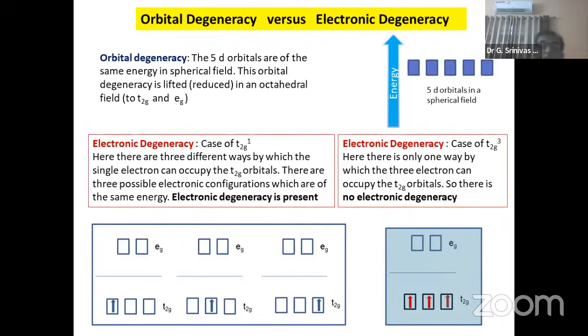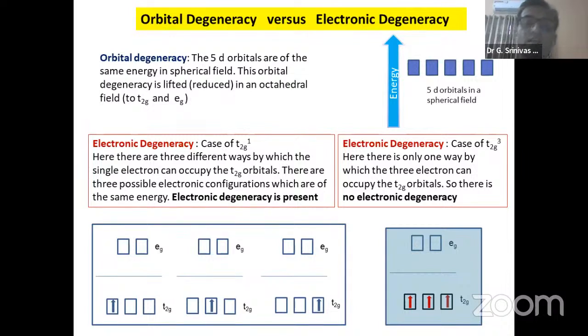If you take orbital degeneracy versus electronic degeneracy. Orbital degeneracy means the 5 d orbitals are of the same energy in a spherical field. This orbital degeneracy is lifted, that is reduced or removed, in an octahedral field into t2g and eg orbitals.